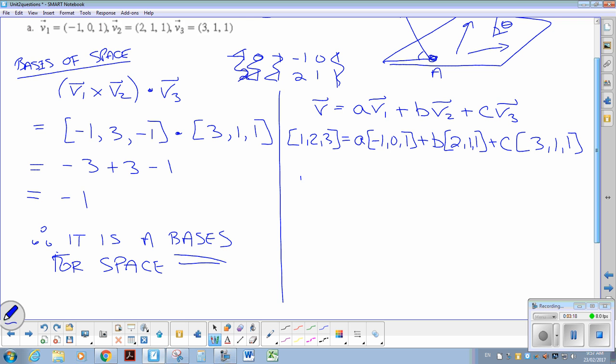So if I do the x component first, negative a plus 2b plus 3c, y component, 0a plus b plus c, and then the z component, which is a plus b plus c. So there I stacked them, keeping my a's, b's, and c's in line.